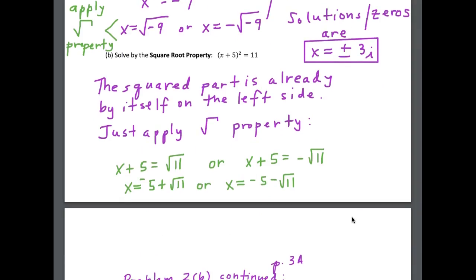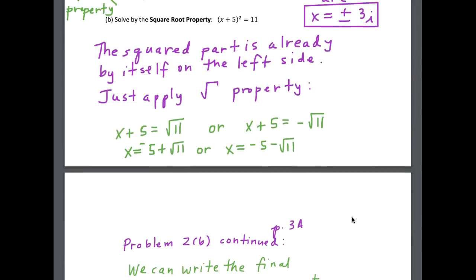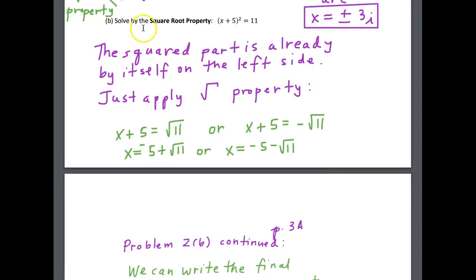I've got a second example here that we're going to look at. Notice in this case, the squared term is on the left and it's already by itself. We don't have to do any more work. We can't subtract 5 yet from either side because we have to deal with this square. So now we can just directly apply the square root property.